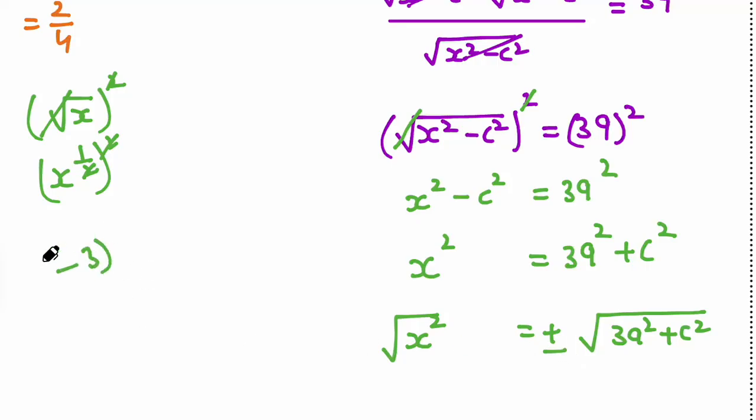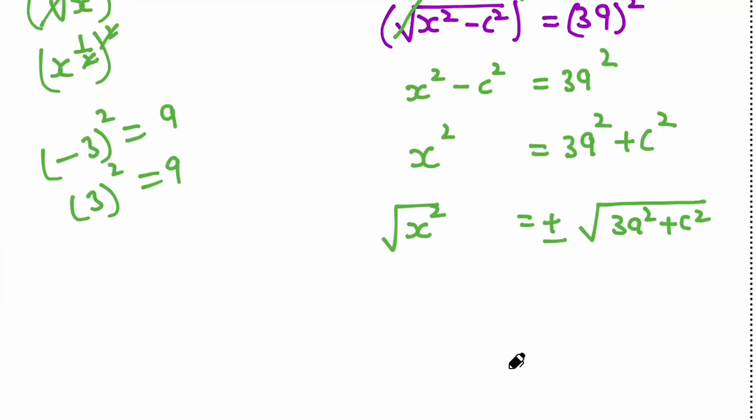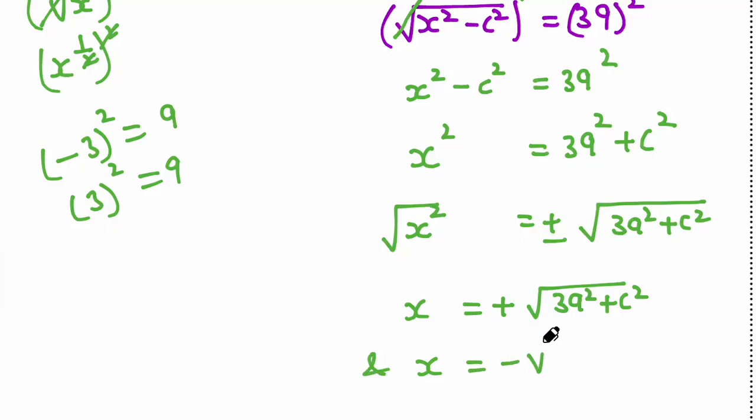Because negative 3 whole squared will give me 9, as well as 3 whole squared will give me 9, right? So that is why whenever we take a square root, we always put a plus minus sign. So x is equal to plus minus this. So that means one is with a positive sign and another is with a negative sign.